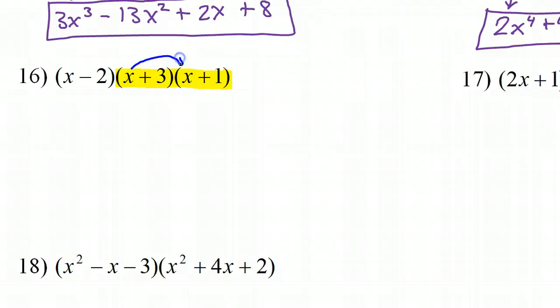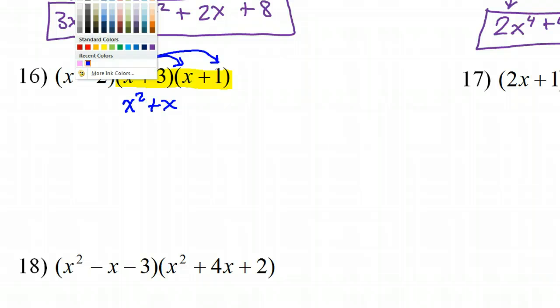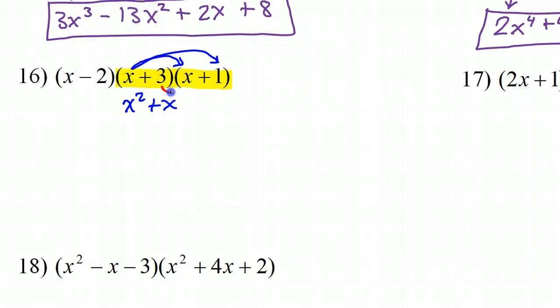alright, so I'm going to distribute that x. Alright, and so x times x, that's x squared. Alright, x times 1 is x. Alright, then I distribute the 3. 3 times x is 3x. 3 times 1 is 3.